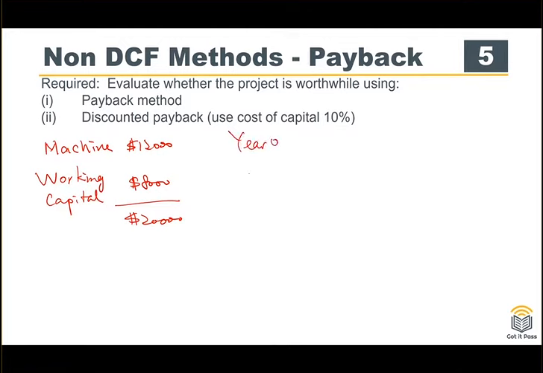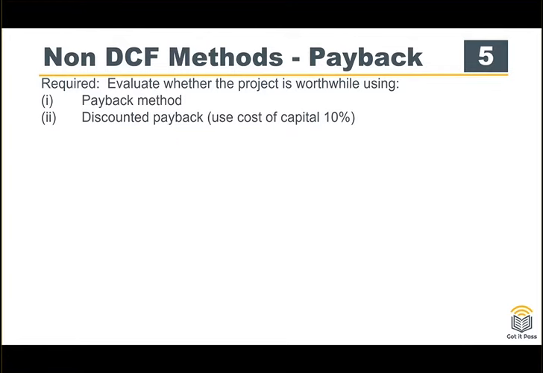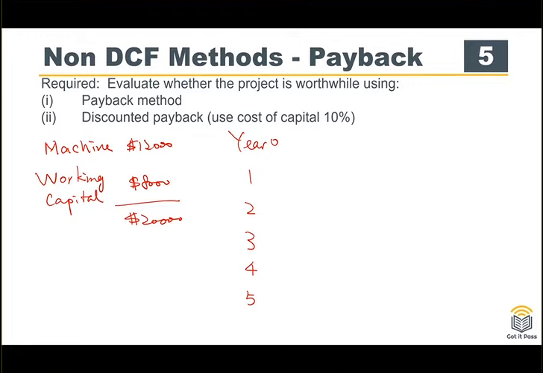Year 0, year 1, 2, 3, 4, and 5. In year 0, the initial cash outflow is $20,000. In the first year, we have a cash inflow of 6,000, so we have only recovered part of it.